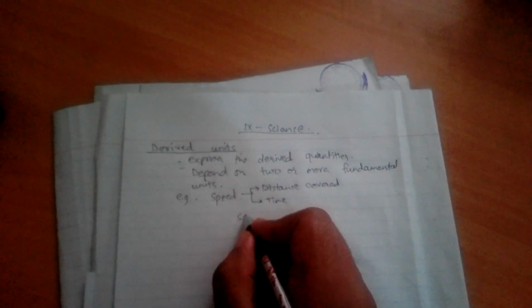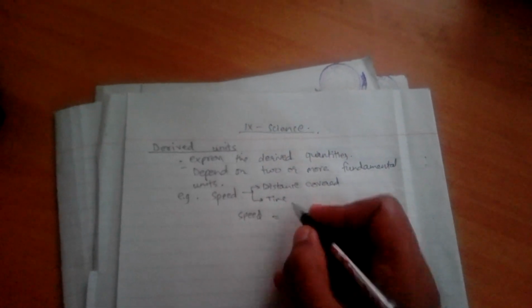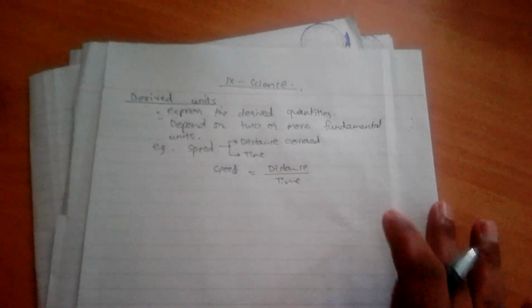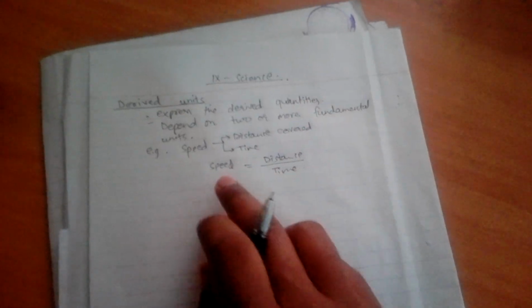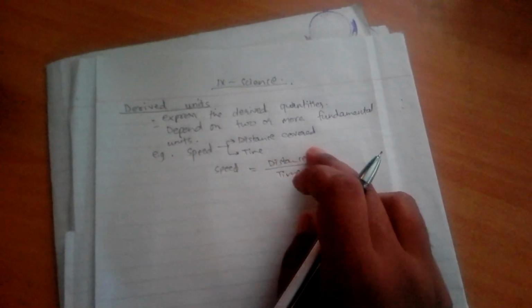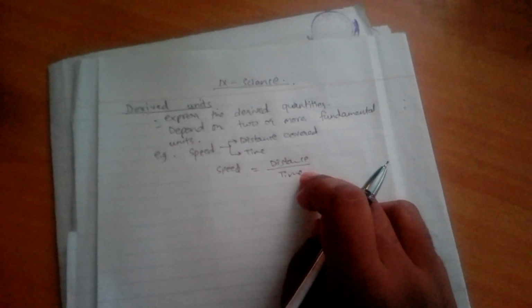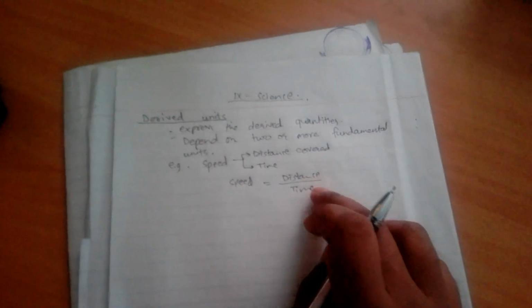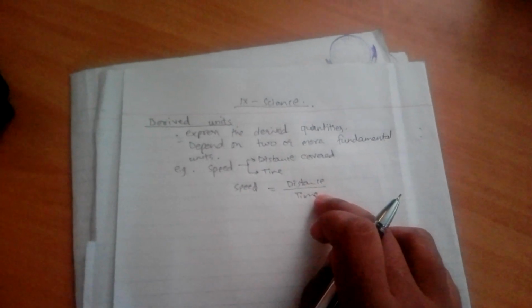Then you can calculate speed by dividing total distance covered by time, and that way you can find out the distance covered in 1 second, or unit time. Hence, to measure speed, you need to measure two other quantities, distance and time. That means speed is dependent on distance and time. So speed is a derived quantity, whereas distance and time are fundamental quantities.